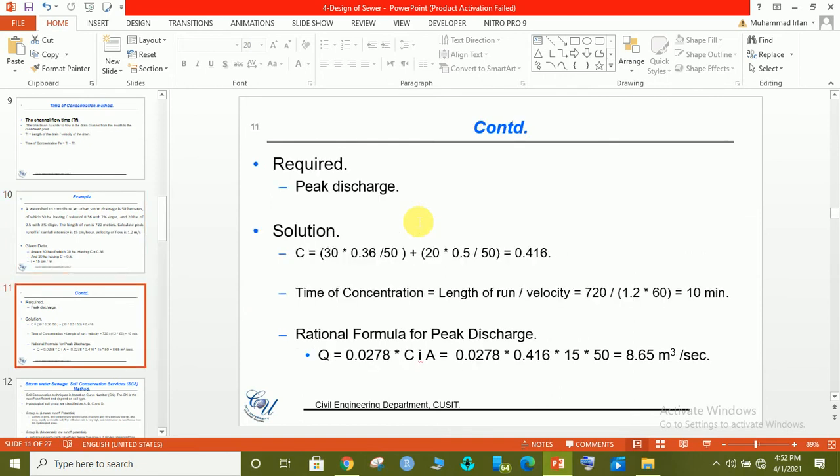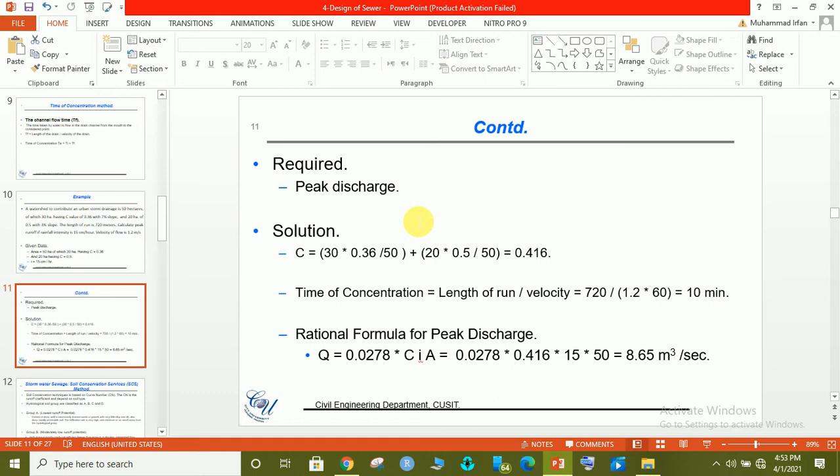So we want to calculate one C value from these different C's. The C value is 30 multiplied by 0.36 divided by the total area, plus 20, which is the other part of the area, multiplied by 0.5, which is the given C value, divided by the total area, which is equal to 0.416. So this 0.416 is the cumulative C value for the whole 50 hectare area.